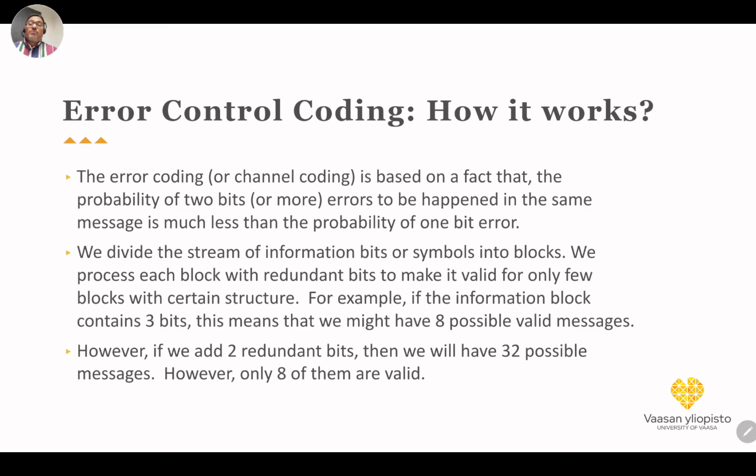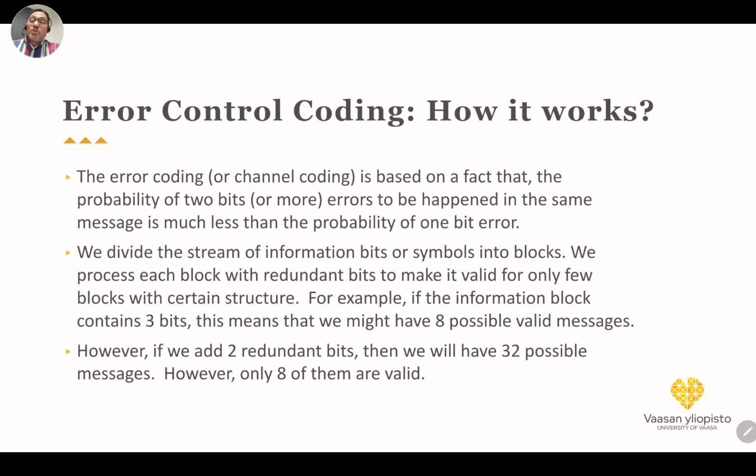Now let us add 2 extra bits to these 3. How many bits do we now have per packet? We have 5. By the way, this is called block coding. So we have 5 bits per packet. 3 out of those 5 are information bits.